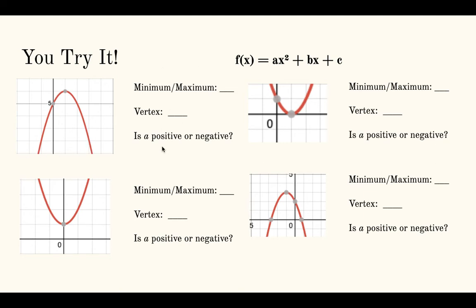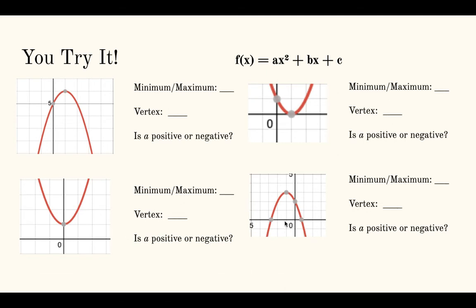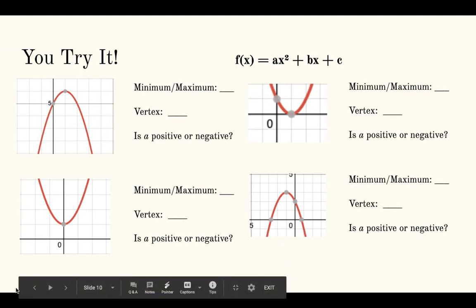So it's a maximum value, and a is negative because it's concave down. This is a minimum value. The vertex is at (1, 0), and it has a positive value for a. This is a minimum value. The vertex is at (0, 1), and a is positive. And this is a vertex of (-1, 3). It's a maximum value, and a is negative.